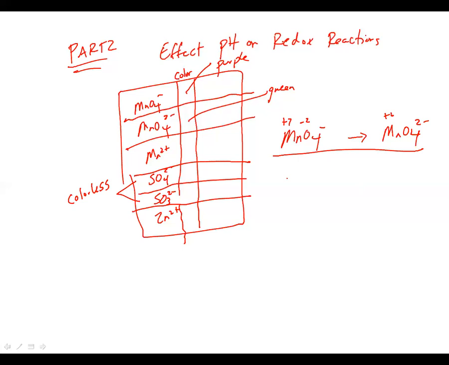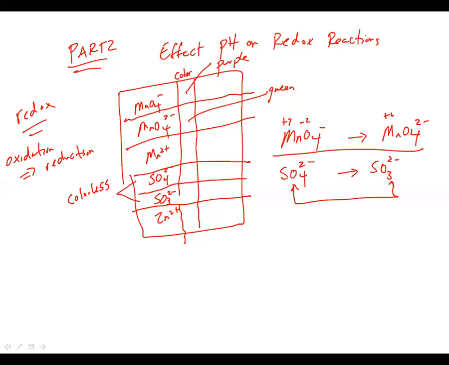which means if you have an oxidation, you should then have a reduction. So for example, here, if I did this reaction, you would know that it's sulfite to sulfate or sulfate to sulfite. And what you would really be looking for is evidence of a reaction from this part.